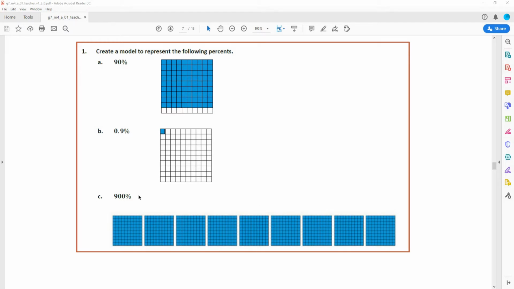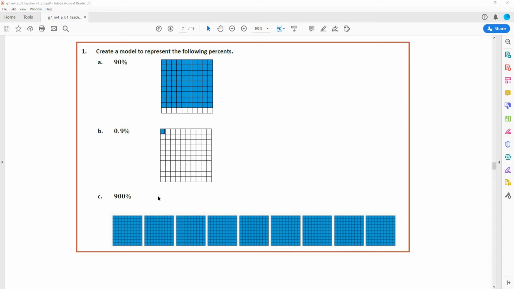First thing that you should notice right off the bat is that this is greater than 100%, so we should have at least an entire grid. So whatever we're considering our whole to be, in these problems it's been 100. We need more than that.